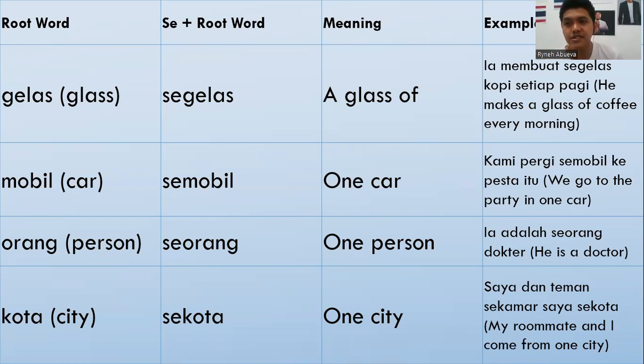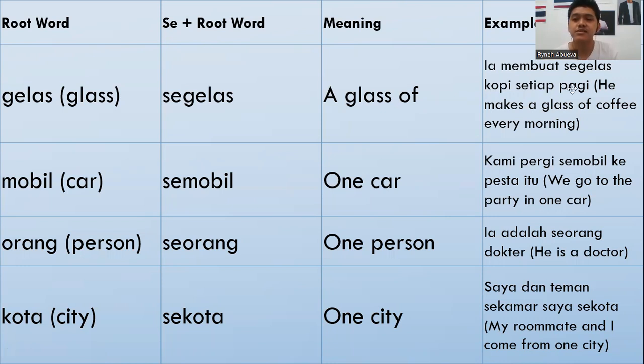The root word for the first word is gelas. Gelas means glass. Se plus gelas becomes segelas, meaning a glass of. For example, the first sentence: Ia membuat segelas kopi setiap pagi, which means he makes a glass of coffee every morning.